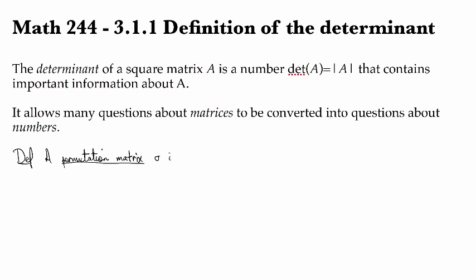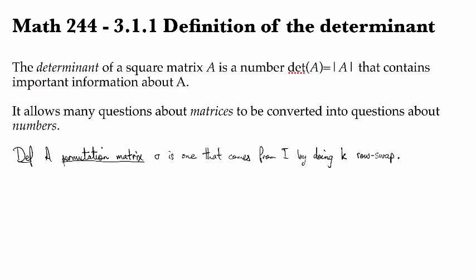So sigma is one that comes from the identity by doing some number of row swaps. And let's say we did k row swaps, the basic elementary row operation.